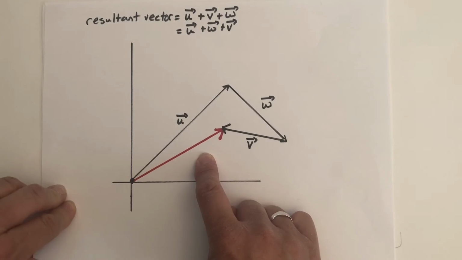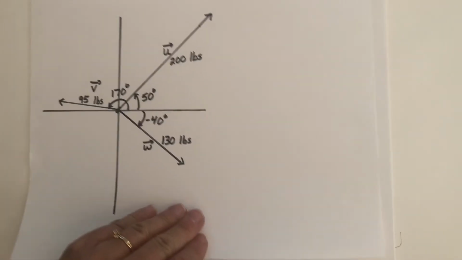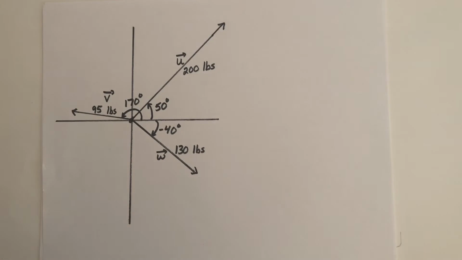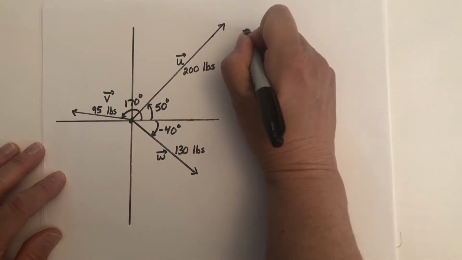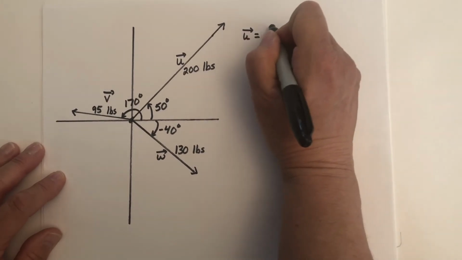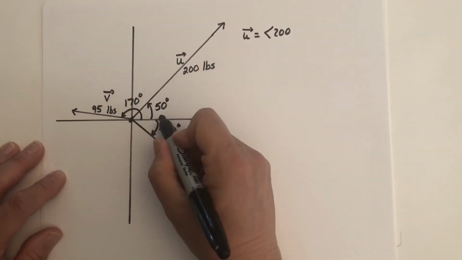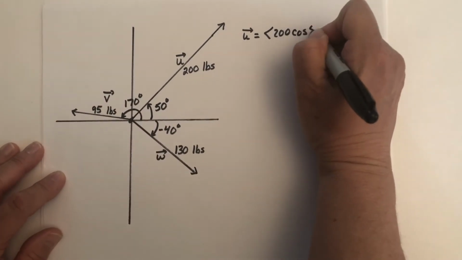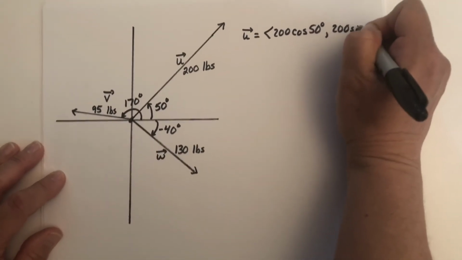So let's start by finding u, v, and w in their component forms. So let's come back here. I think we'll work with this particular picture. And we're going to find u, v, and w in component form. So let's start with u. U equals magnitude 200 times the cosine of the angle, comma, 200 times the sine of the angle.